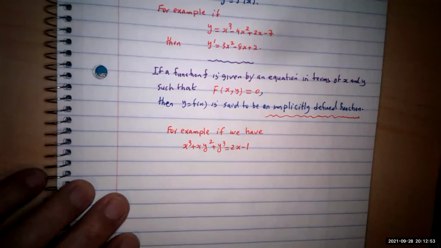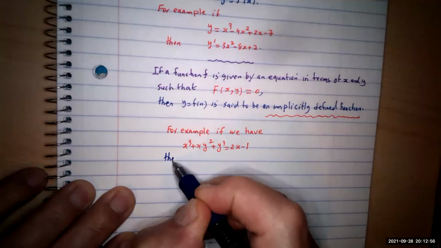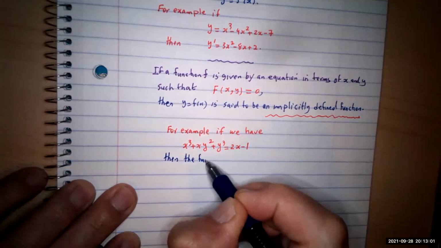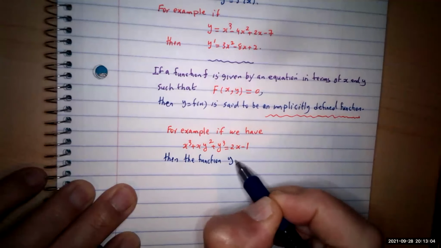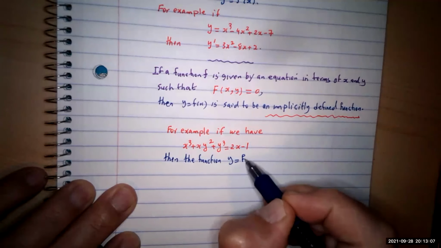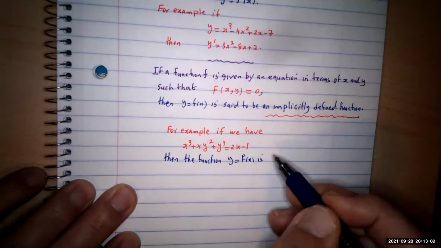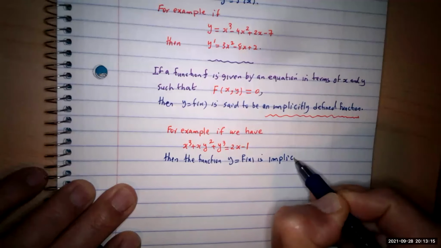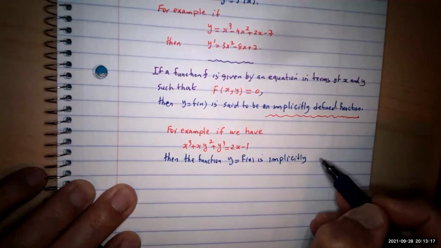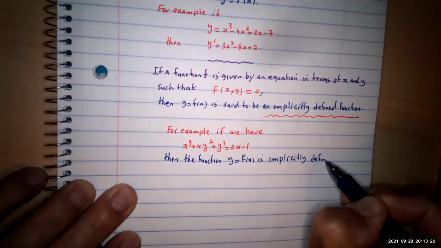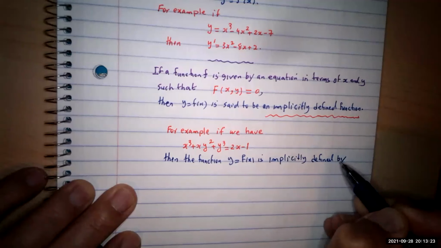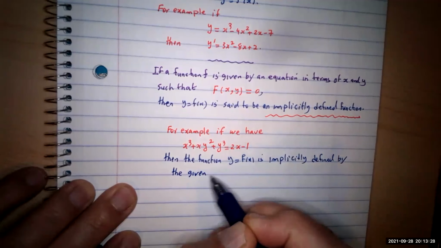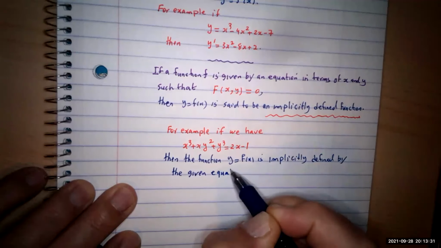So if this is going to be the case, then this function y, of the form f of x, is implicitly defined by the given equation.